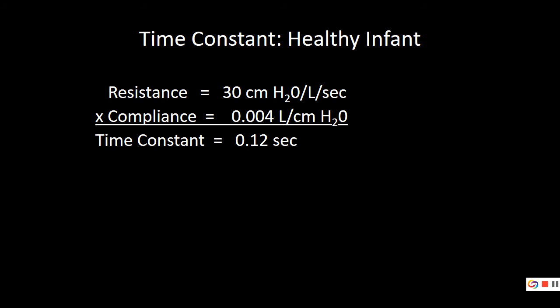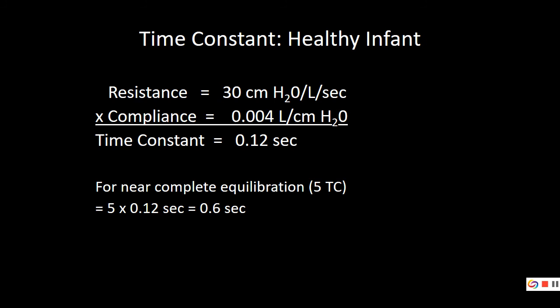So here it is in math. When we do the math, these are values from previous slides that I showed you. So a time constant in a normal lung is 0.12 seconds. And I just told you it takes 5 time constants to fully inflate or deflate a lung. So in a normal healthy lung, it takes about 0.6 seconds to fully inflate or deflate a lung.